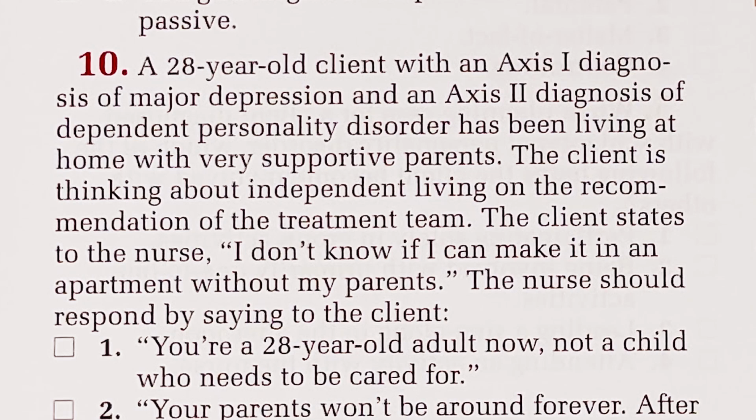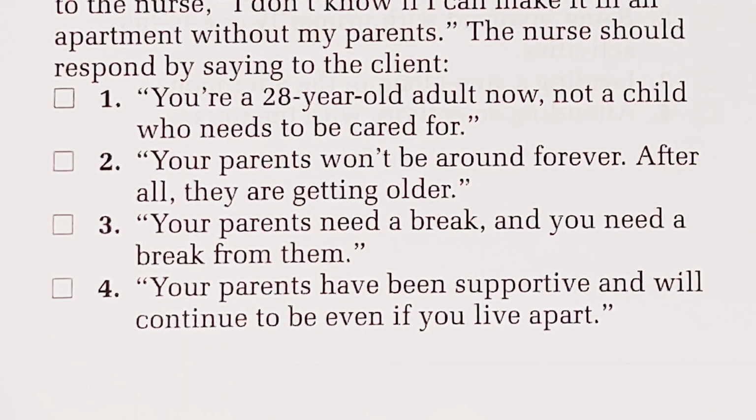The nurse should respond by saying: 1, you're a 28-year-old adult now, not a child who needs to be cared for. Probably not helpful. 2, your parents won't be around forever. After all, they're getting older. Probably not helpful. 3, your parents need a break, and you need a break from them. 4, your parents have been supportive and will continue to be even if you live apart. I feel like 4 sounds like the most appropriate.